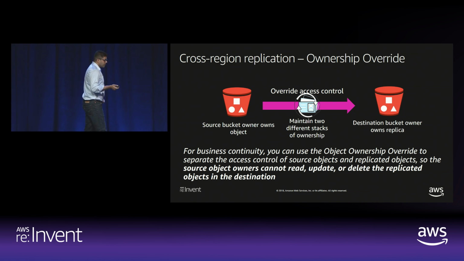One of the use cases where customers use cross-account access is when they do cross-region replication and they want to maintain two different ownership stacks. So they want the source objects in their primary bucket to be owned by a particular account, and to maintain DR or business continuity, they do a cross-region replication and the same request changes the account ownership to a different account.